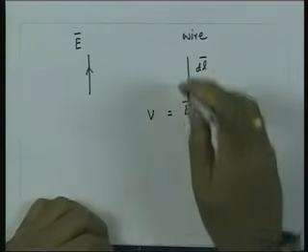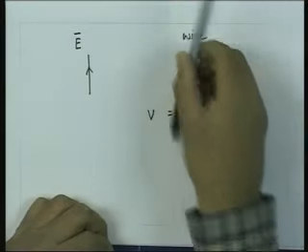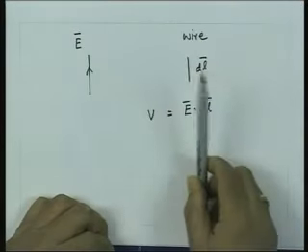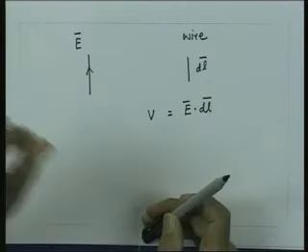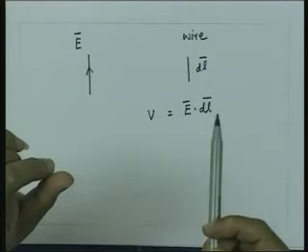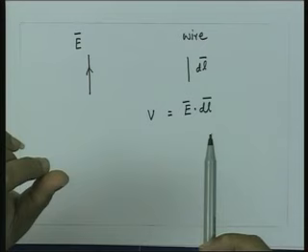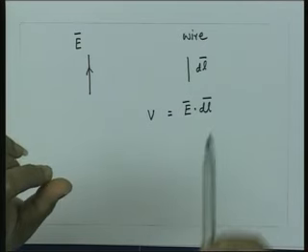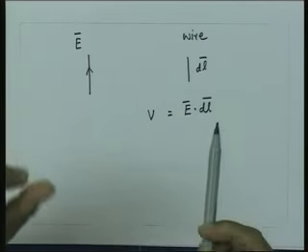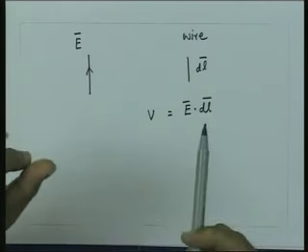Let us imagine now that this wire is not vertical like that, but suppose it is kept horizontal. So, the field is coming vertical, but the wire which is placed here is horizontal like this. Now, since the angle between E and dl is 90 degrees, the E dot dl is 0.